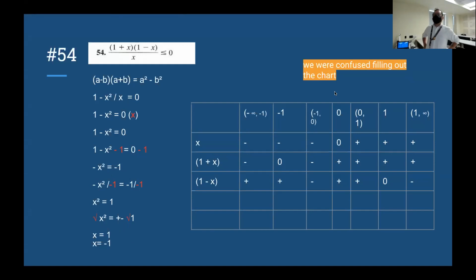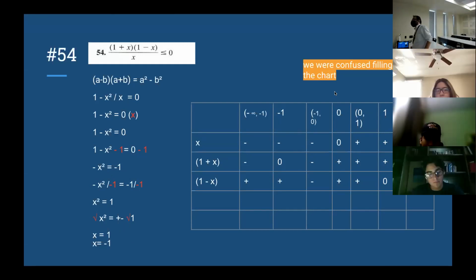Okay, Anna, thank you. Let me just make a few comments and questions also. When we have the inequality, you guys agree that this is a non-linear inequality, right? Yeah. And in the non-linear inequality, let's remember the steps.